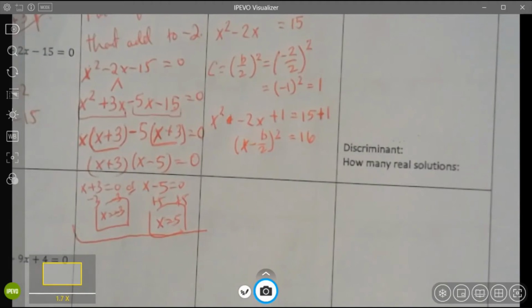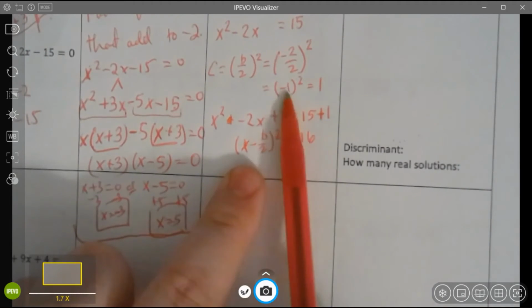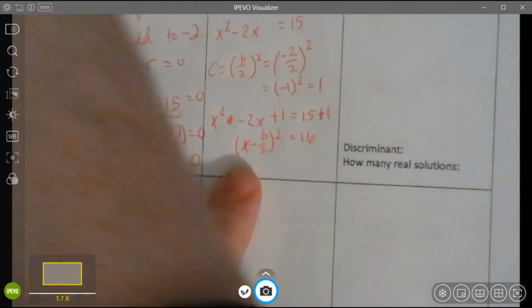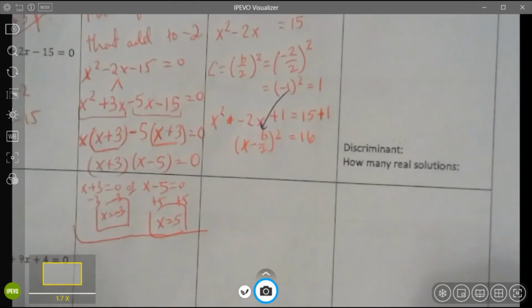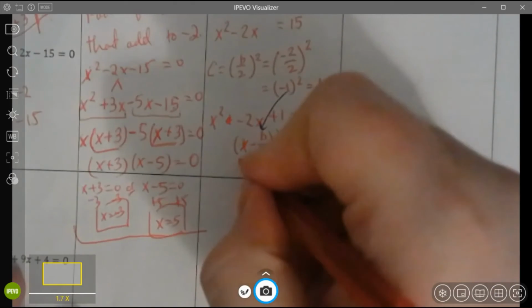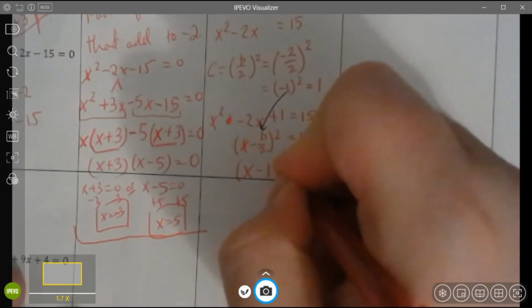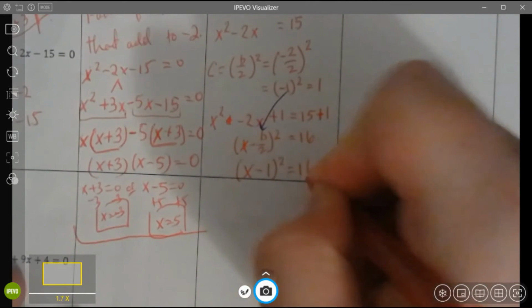So I'm just going to plug in what b divided by 2 was. It was negative 1. So this is x minus 1 squared equals 16.